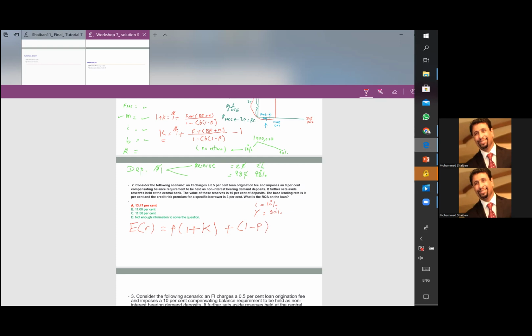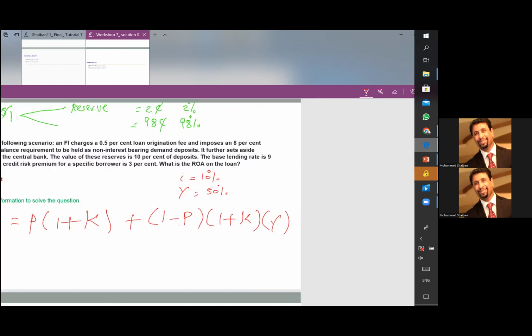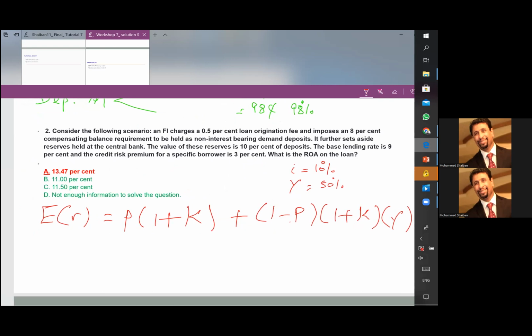So either you pay or you don't pay, 100%. So we have to calculate the probability of payment. The probability of defaulting should be 1 minus the probability of payment, and I have the probability of defaulting times the collateral, minus the 1.